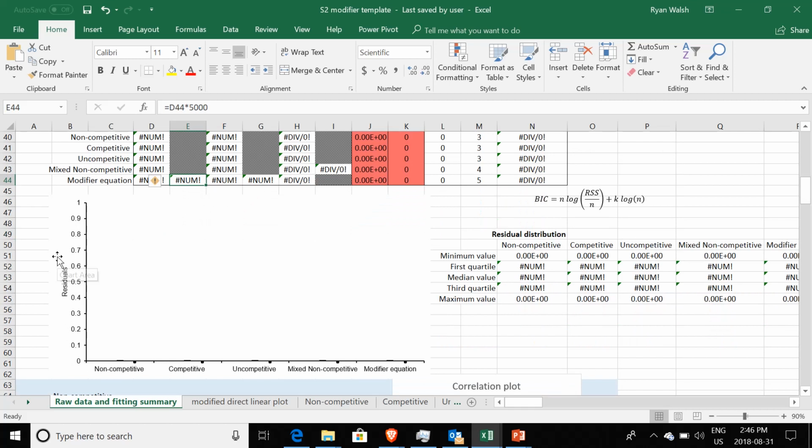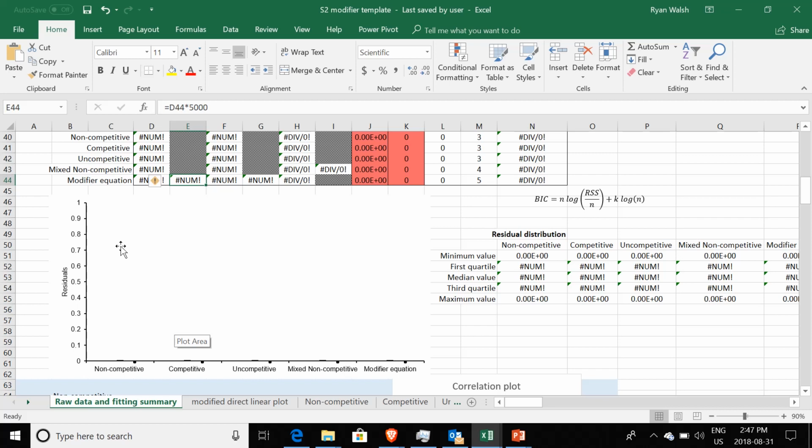Also, right below this is a box plot. This box plot is of the residual values, so the difference between the calculated and the experimental values. This time it's not squared though. This shows you the distribution of your residuals, positive and negative, around 0, because if your calculated values equaled your experimental values exactly, there would be 0 residuals, so there would be just a dot at 0.